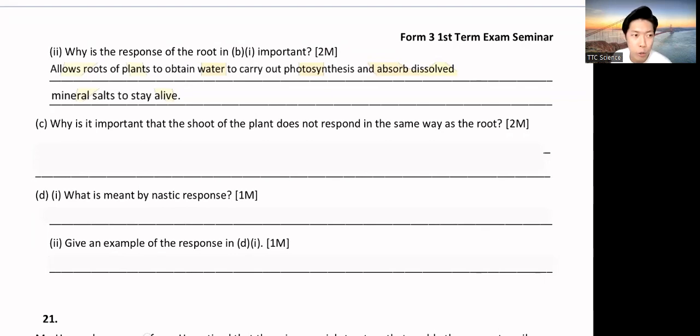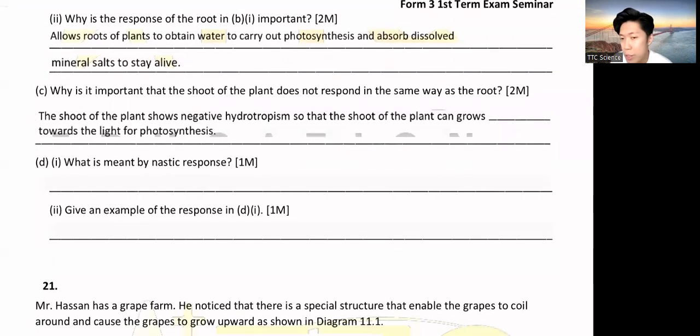So the shoots luckily do not respond the same way as roots, so that the shoots can find sunlight instead of water and gravity. This one, sometimes you really have to learn from exercises. The shoot of the plant shows negative hydrotropism. That means I don't want to follow the roots, so that the shoot can grow towards the light. Luckily I don't follow the roots, so I can grow where I should grow.